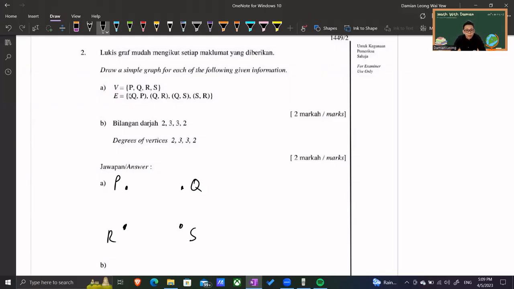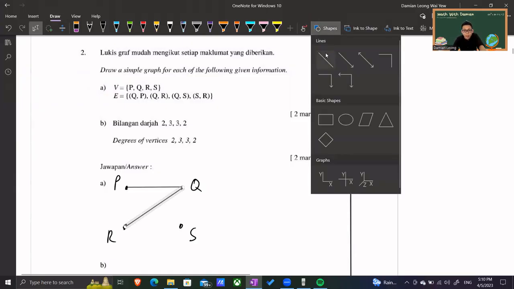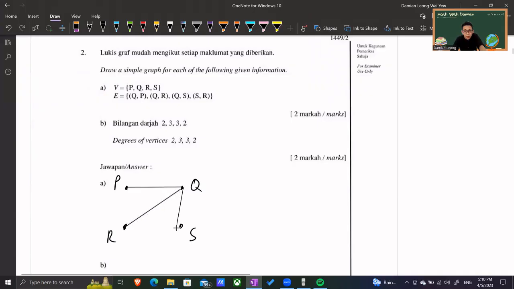So I join the edges according to the vertex pairs here. So Q connects to P, Q connects to R, Q connects to S, and S connects to R. These are the 4 lines that we have.